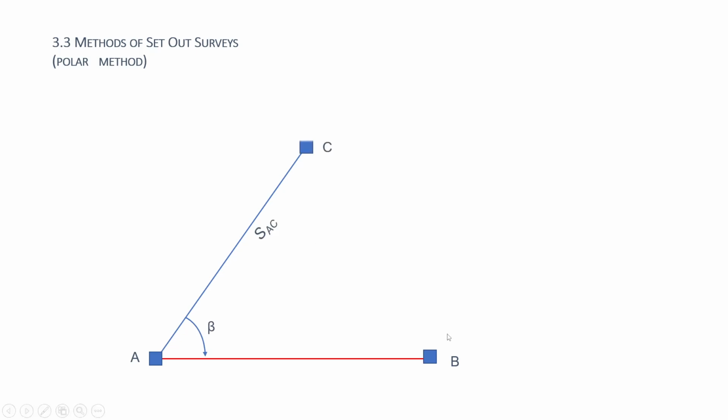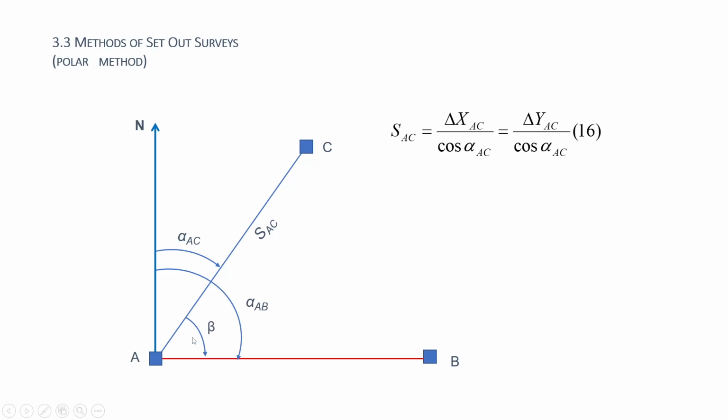We have A and B known points, and then our equipment is oriented to the north or to the known points, and then we measure the beta angle from the point A and the distance s of line AC.